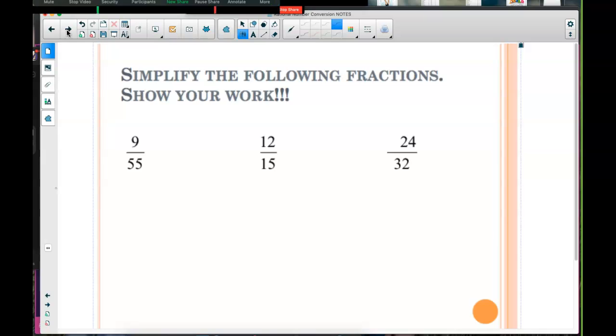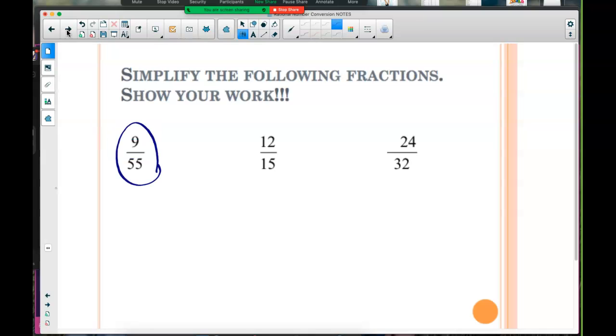Besides 1, right? I can divide 9 by 1, stays the same. I can divide 55 by 1. Does 2 go into both of these numbers? 3? Does 3 go into 55? 5 plus 5 is 10. So, no, actually, this is in simplest form. Okay, that is already in simplest form.